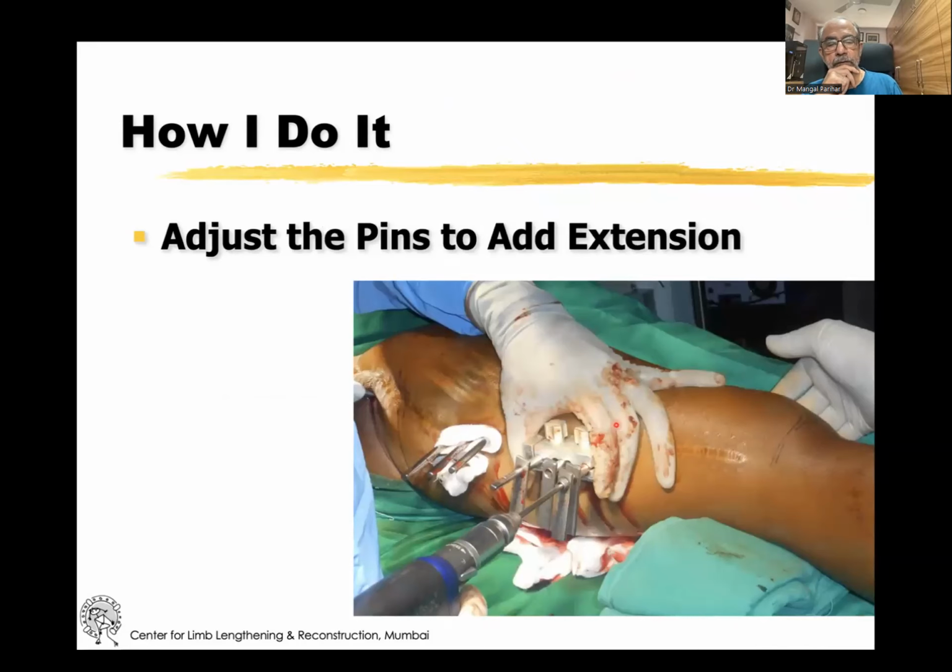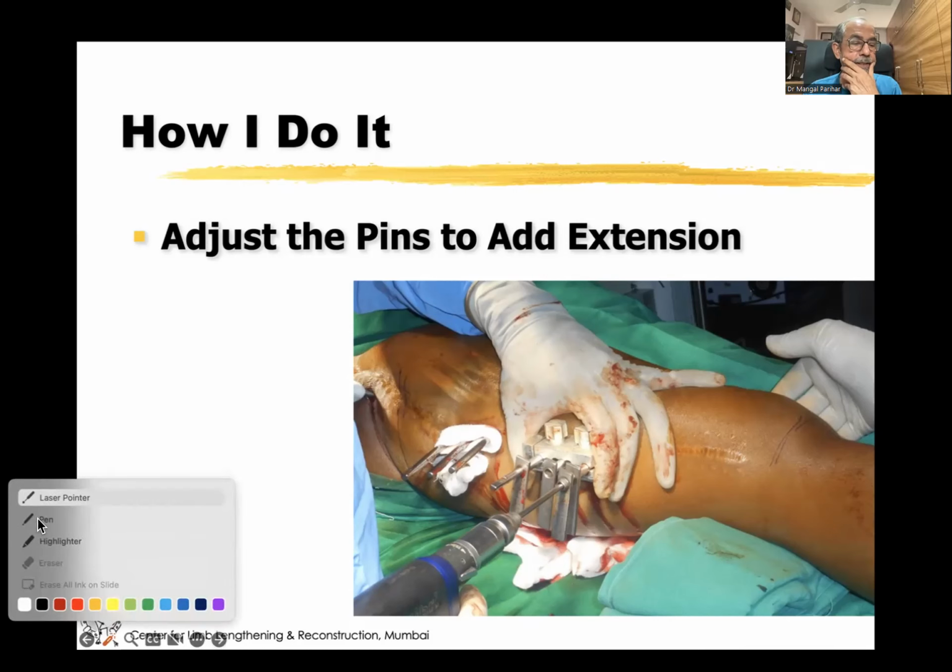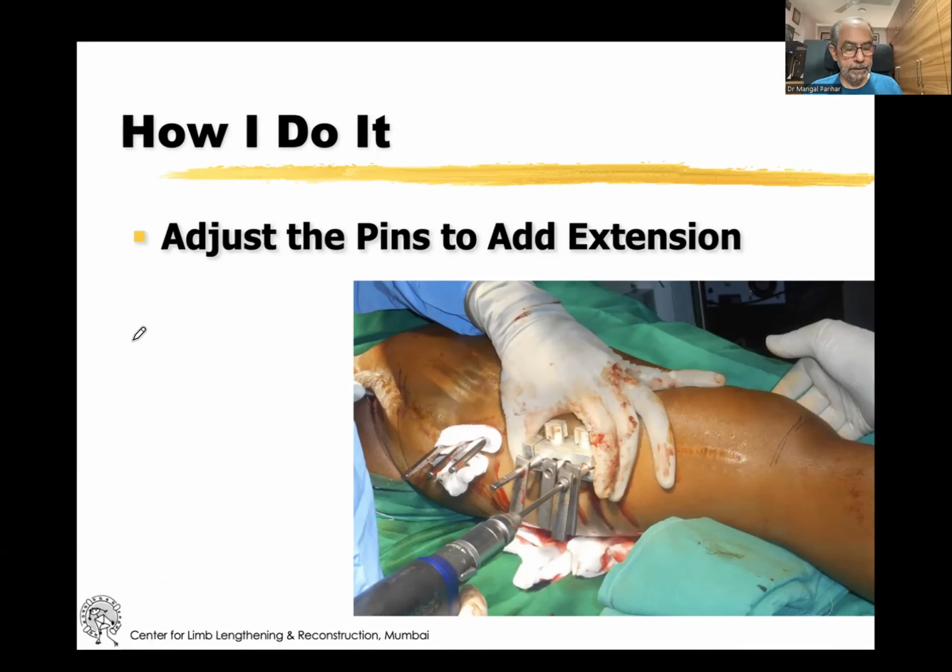Also, I will adjust the pins slightly to create extension in the osteotomy. So there will be an apex posterior angulation, so that when I correct this, the osteotomy will be slightly extended. There is a limit to how much you can do this, because of the way that you can adjust this.